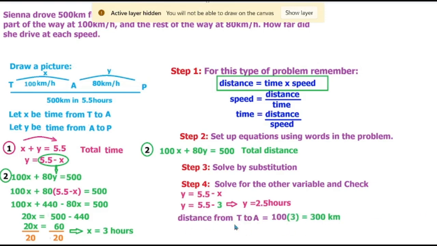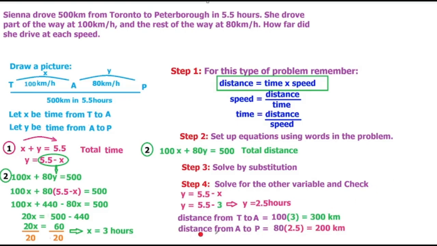So now the distance from Toronto to this first stop equals 100 times 3, because speed times time gives us the distance. So 100 times 3 equals 300 kilometers. Now we can find the distance from this stop to P, and that one is equal to the speed times that time, which equals 80 times 2.5, which gives 200 kilometers.